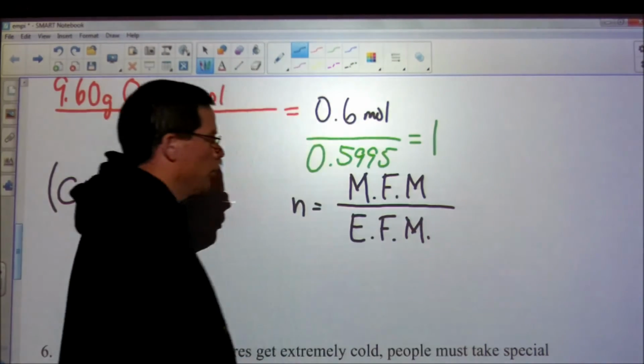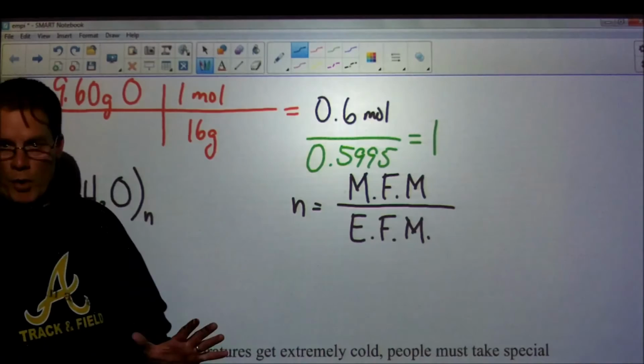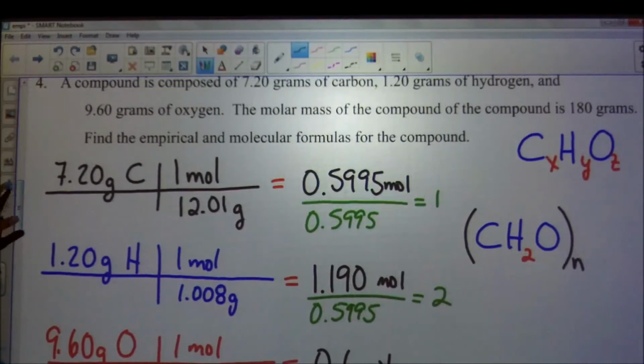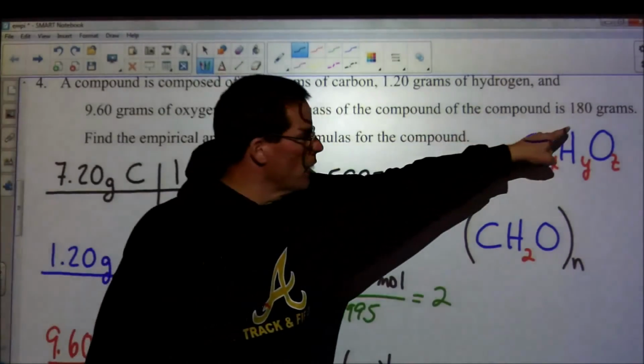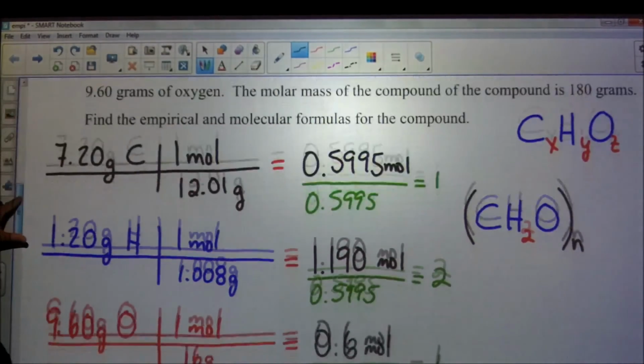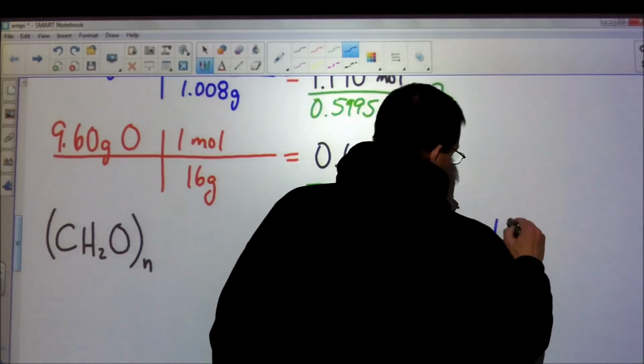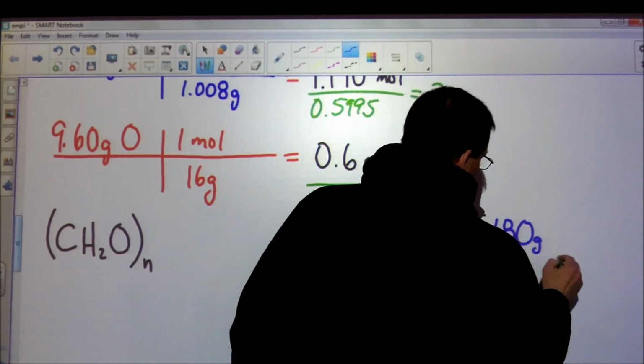The nice thing is the molecular formula mass will be given. In this case, the molecular formula mass is 180 grams. Very nice. So we can go ahead and plug that in.